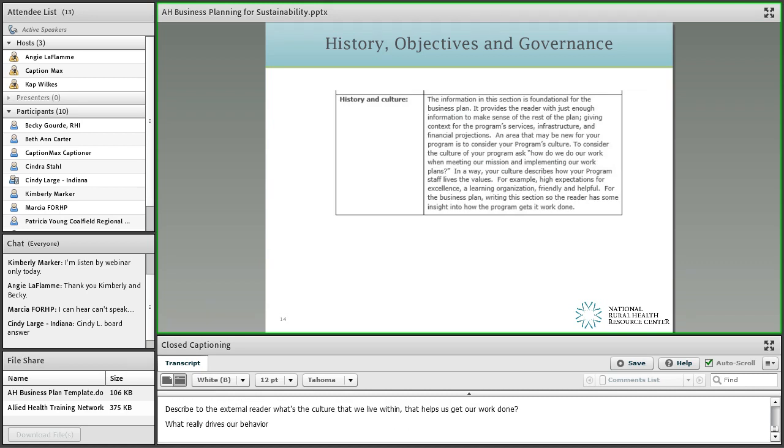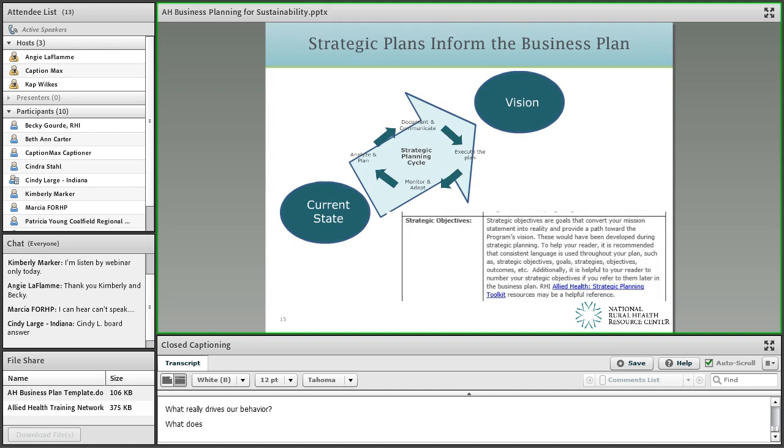So an external reader kind of wants to know who they are partnering with. What are those values that drive the behaviors of the organization? It'll matter to your partners, to those external readers.